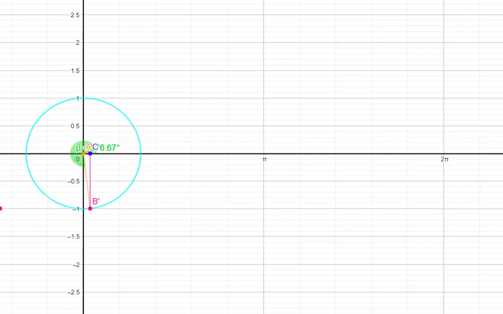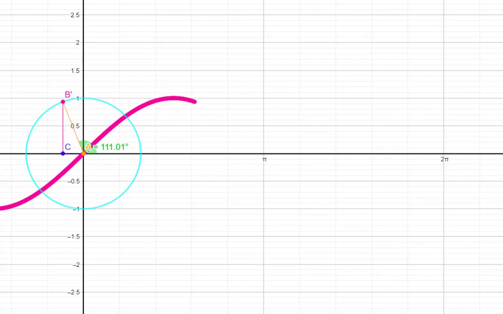So let's see what kind of graph we can have. We will see this kind of graph starting with 0 degrees, 0, and then I go up and up until I reach the maximum at 90 degrees. And then my curve goes down again symmetrically, and I reach the position of 0 again at pi radian or 180 degrees.